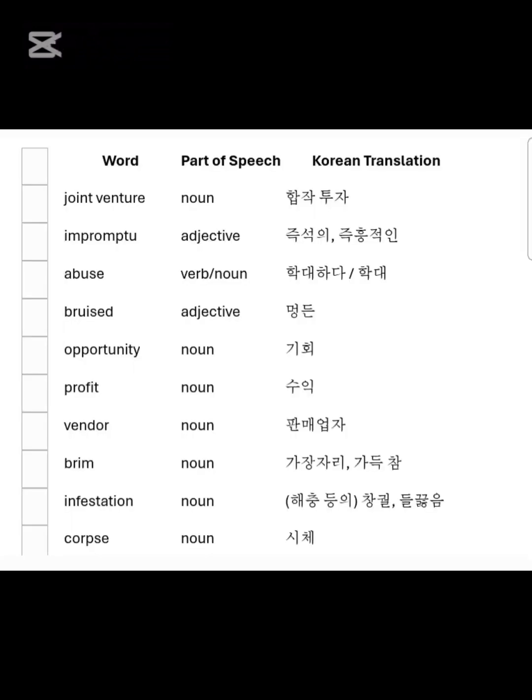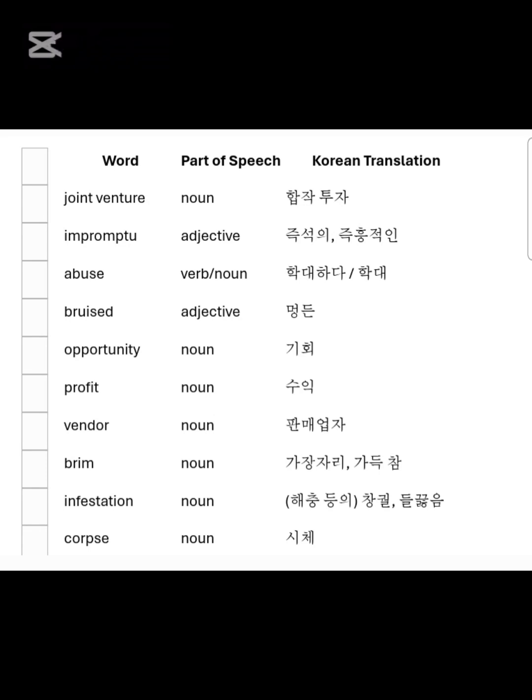All right. So first things first, vocabulary. Vocabulary for chapter 3. Joint venture, a noun, working together. Impromptu, adjective. We are an impromptu family. We just like to go with the flow. Abuse, verb, noun.